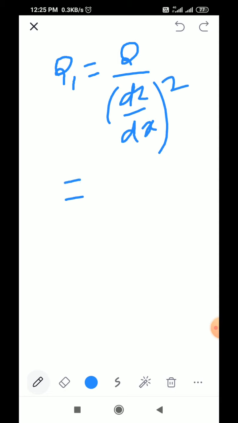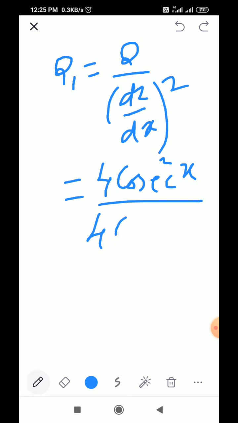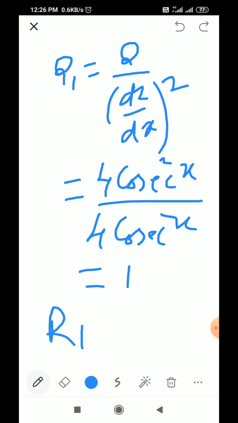So this is equal to 4 cosec square x upon 4 cosec square x, which is equal to 1. And r1 is equal to 0 because r equal to 0 is given in the problem.